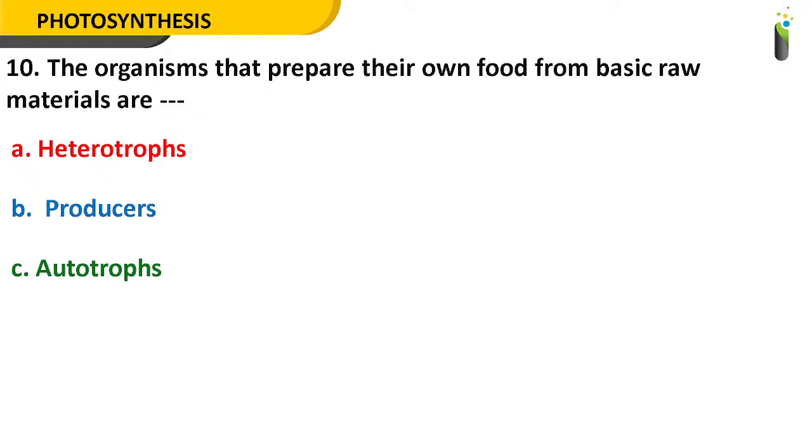Coming to the next question, number 10. The organisms that prepare their own food from basic raw materials are dash. A. Heterotrophs. B. Producers. C. Autotrophs. D. Both B and C. So what should be the answer for this?